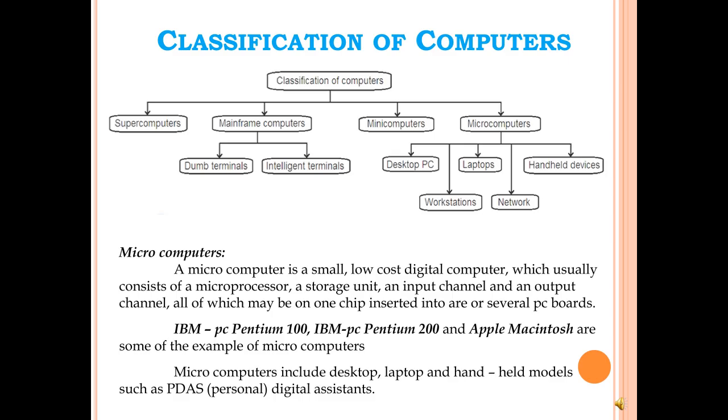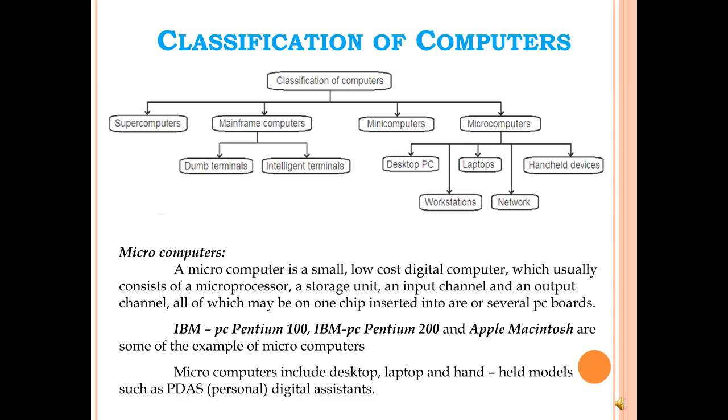So let's discuss each and every computer one by one. First we talk about microcomputers. A microcomputer is a small, low-cost digital computer which usually consists of a microprocessor, a storage unit, an input channel and an output channel, all of which may be on one chip inserted into one or several PC boards.